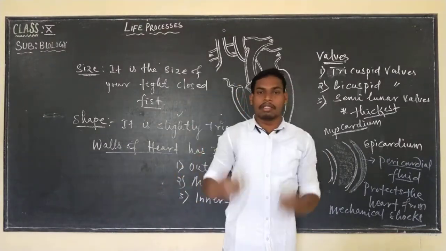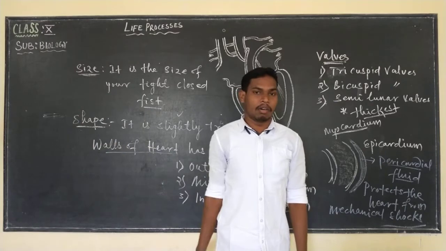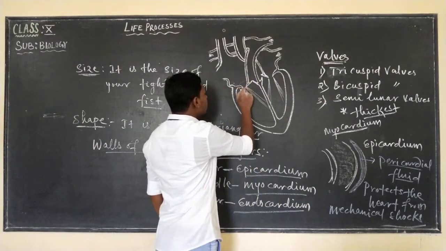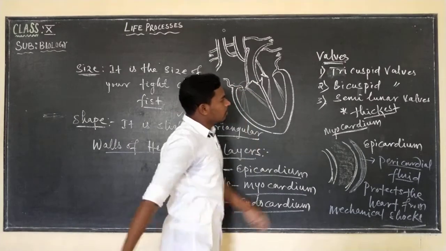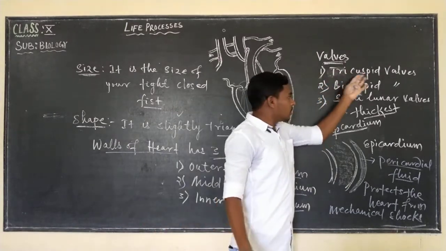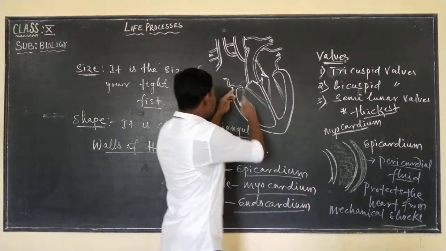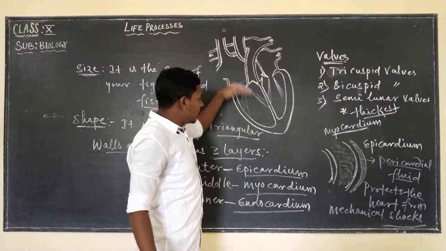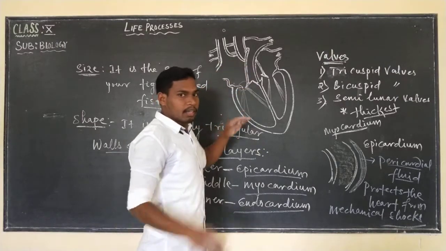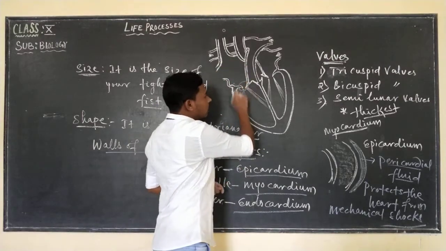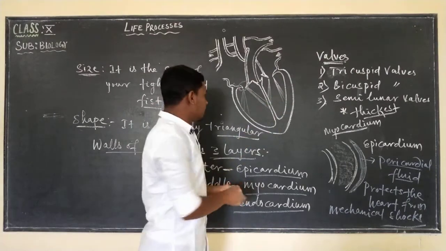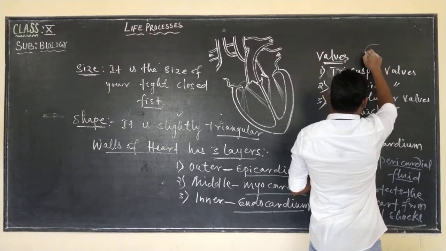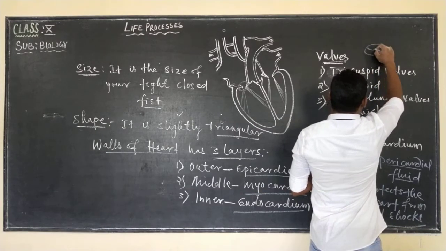Tricuspid valves are always present at the right side of the heart. Here is the valve known as the tricuspid valve, the valve present between the right auricle and right ventricle. If we see its structure, it is going to show a shape like this.